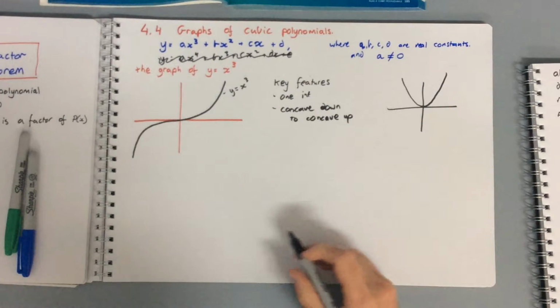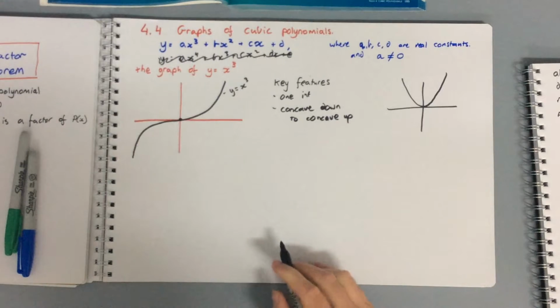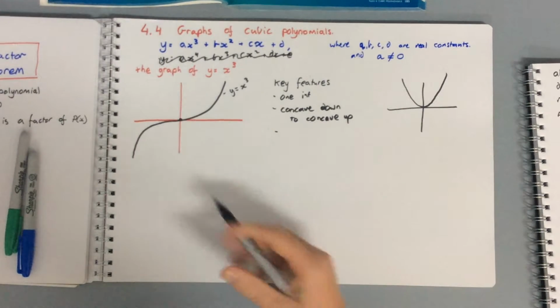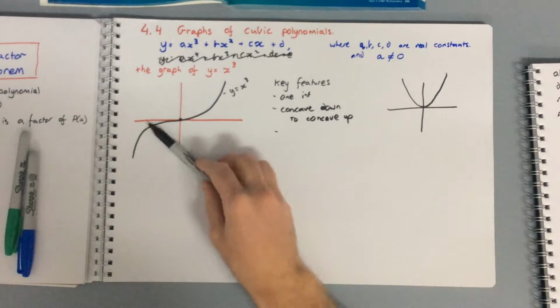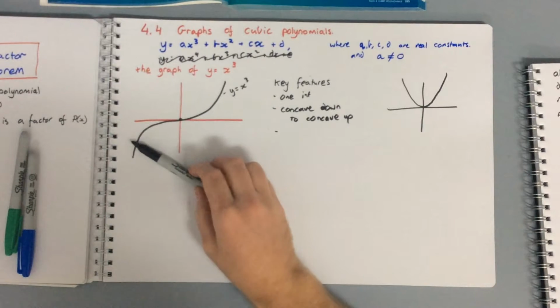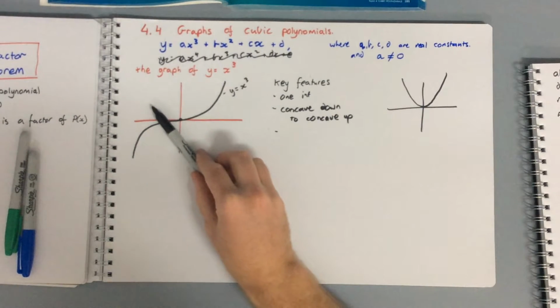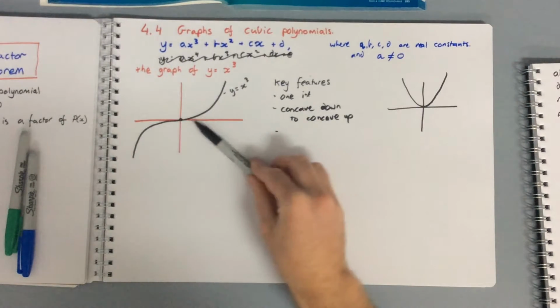We've got a stationary point at 0, 0. We'll be looking at those shortly. That's basically when we go from concave up to concave down, or the other way around. A stationary point is that point where it flips from one to the other.